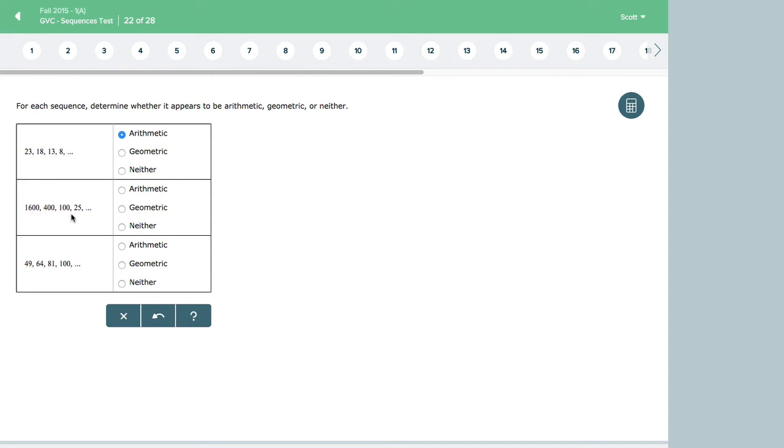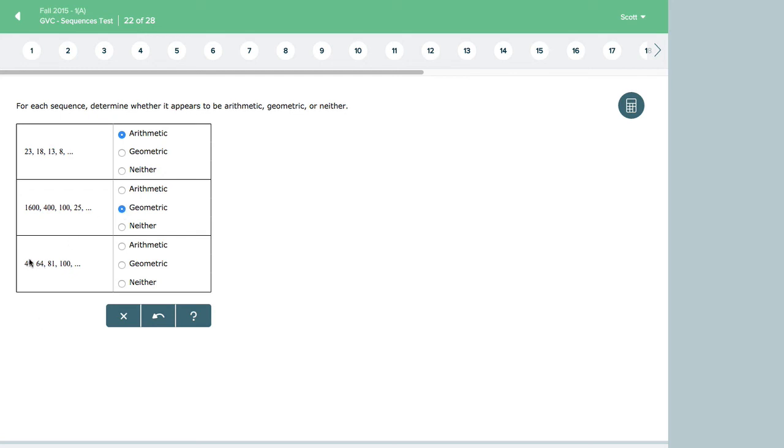So 400 divided by 1600, and we see the answer is 0.25. Now do the next one. 100 divided by 400 is 0.25. One more. 25 divided by 100 is 0.25. So we see a common ratio. The division keeps giving us the same answer.